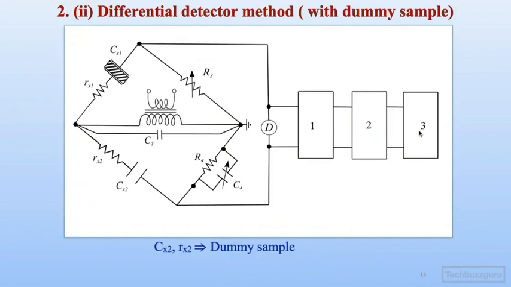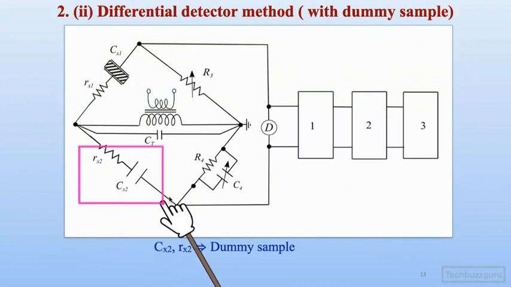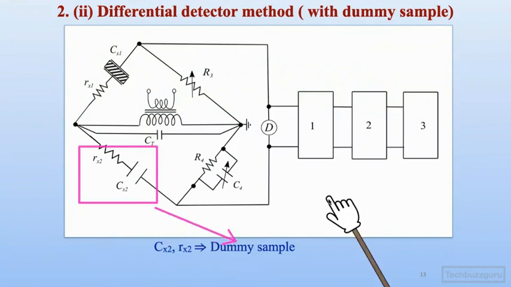Let us go through the next slide. Now this next slide shows yet another type of shearing bridge configuration with a modification, where all other elements are the same except this particular branch. You can see here there is a dummy sample introduced. This dummy sample means that the same insulator can be used over here.